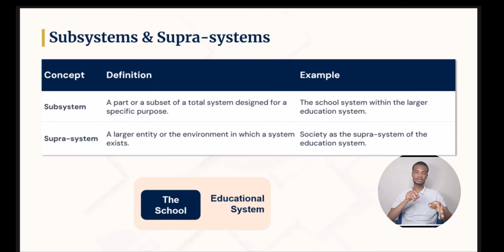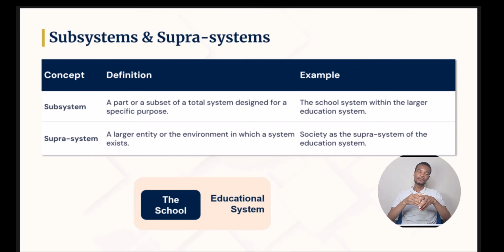So a subsystem is a system that functions within the environment that is called the supra-system. What is an example of this? We have the society. Our society is a supra-system of the educational system.